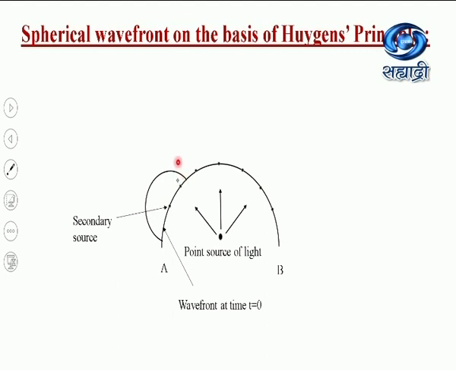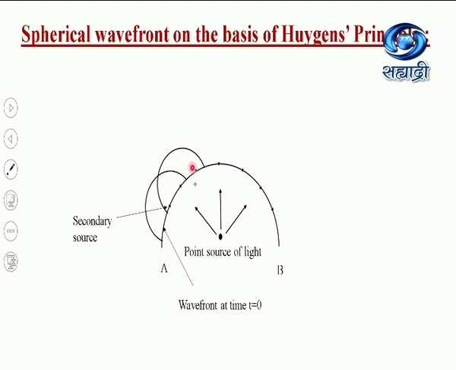We consider the second point source, the wavelet emitted by the second point source, which will be again in the form of hemisphere, and the radius of the hemisphere is equal to Vt after time t. So we take this point as the center and the same radius, that is the same distance in your compass as previous, we draw the spherical wavelet emitted by the second point source.